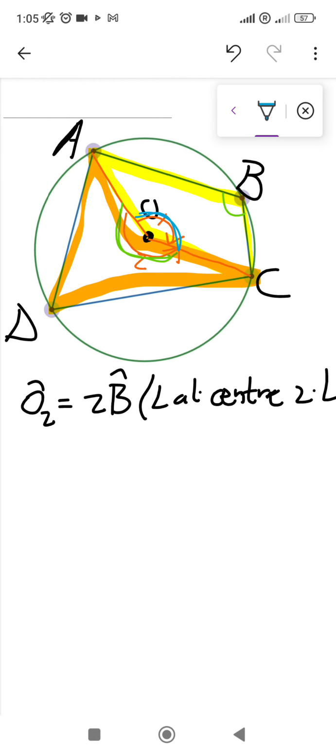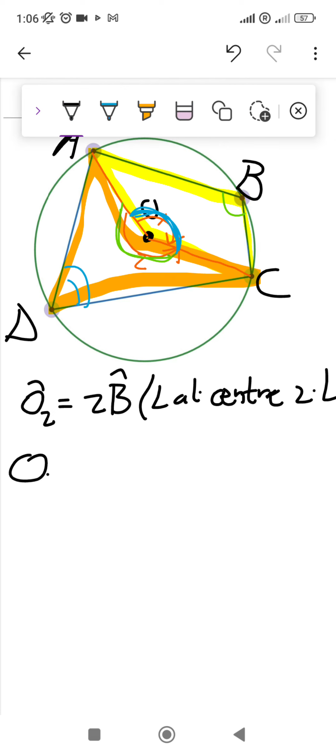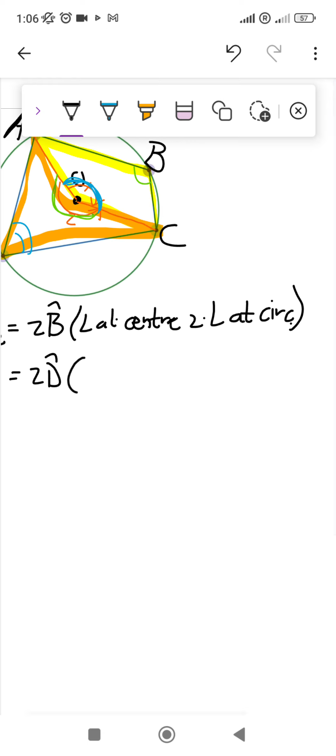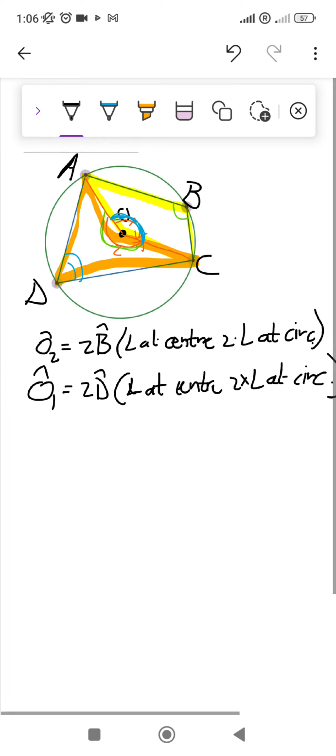So now it's O1 that we're looking at, which is double angle D. Okay, so the next statement we're going to say is O1 is equal to 2 angle D. Reason is going to be the same thing, angle at center is twice the angle at the circumference. Right, so we've made those two statements.